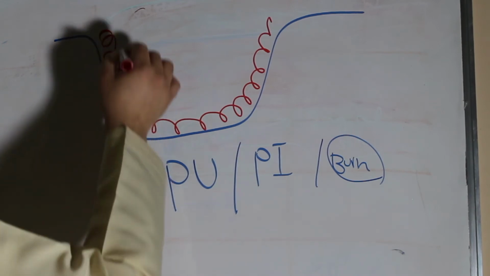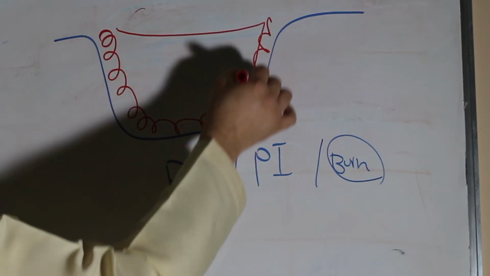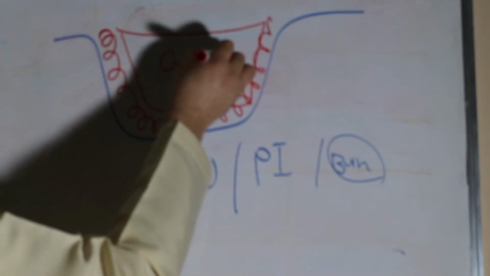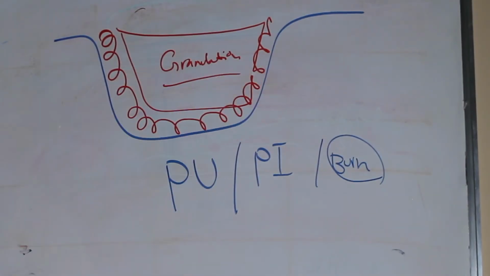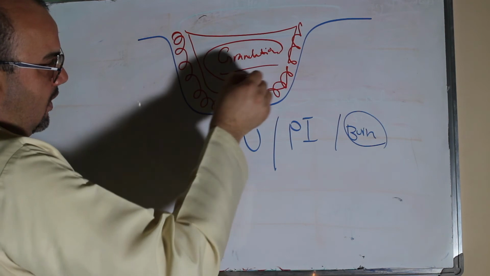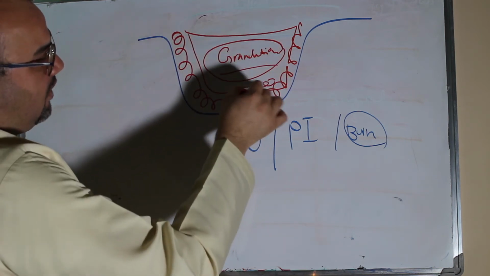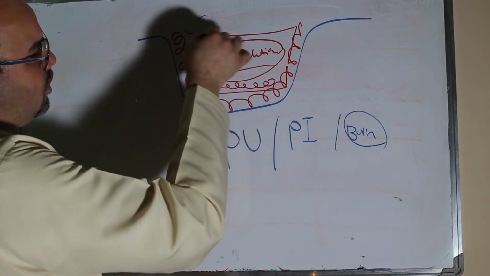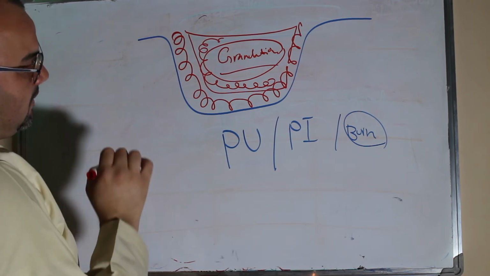These tissues will fill all this space, and this is the granulation, which is the only option available for this kind of wound to heal. The granulation will come here and produce these kinds of tissue.